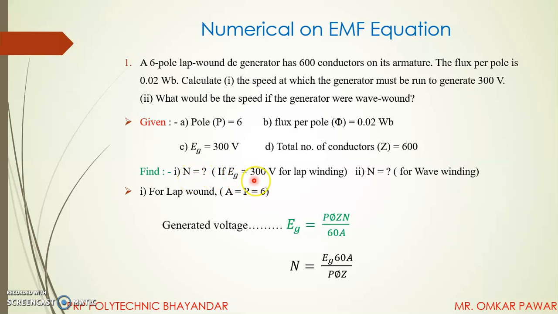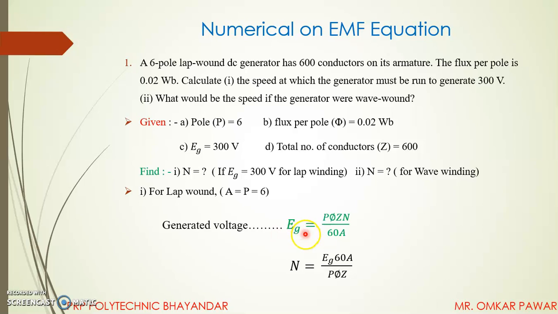If Eg is equal to 300 volt for lap winding and also for wave winding. First we see the lap wound, that is A is equal to P, the number of parallel paths is equal to the number of poles, that is 6.